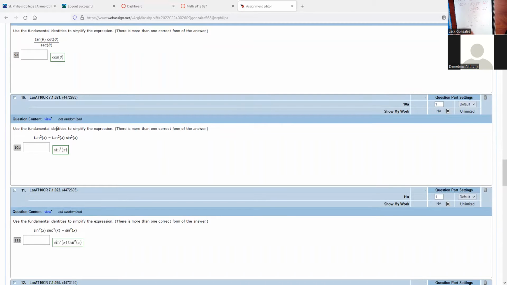Let's do 10. So tangent squared minus tangent squared times sine squared.